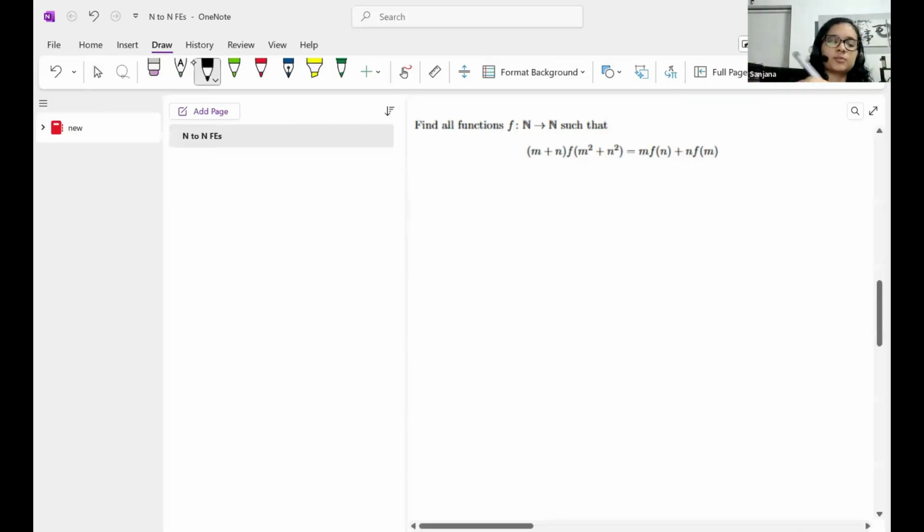So, for example, here, if I want to substitute, say, m is equal to 1 and n is equal to 2, instead of writing that, I can just write p of 1 comma 2. It's just a short form of writing this.